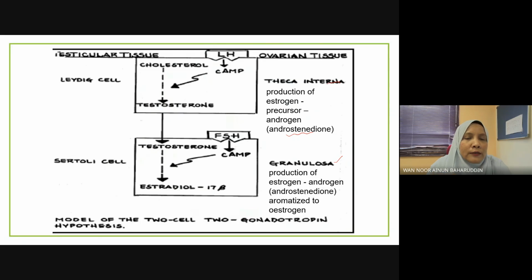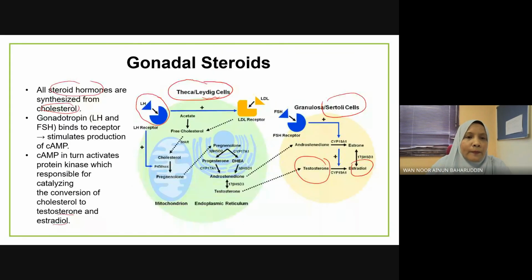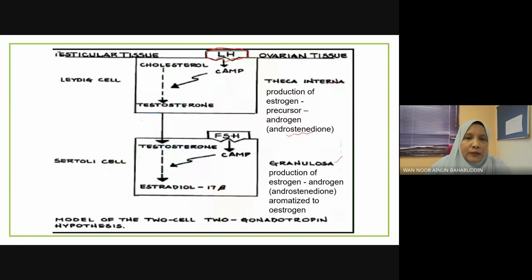Means once, okay, we look here, when LH binds to the receptor, it will stimulate the production of cAMP. So cAMP is stimulated, so the cholesterol in the body will be converted, cAMP will convert cholesterol to testosterone inside the Leydig cells.